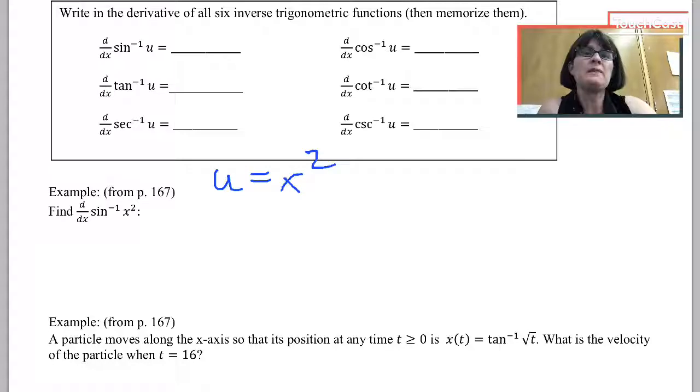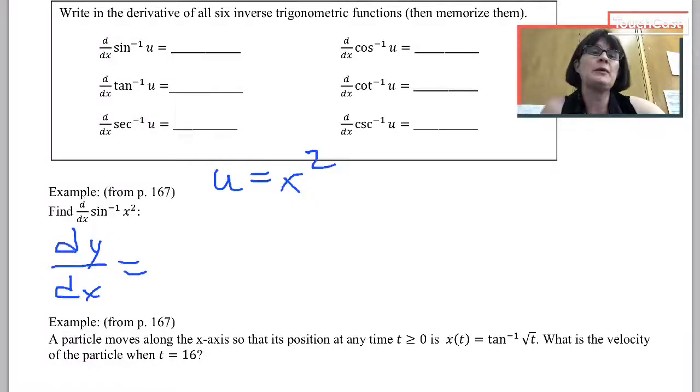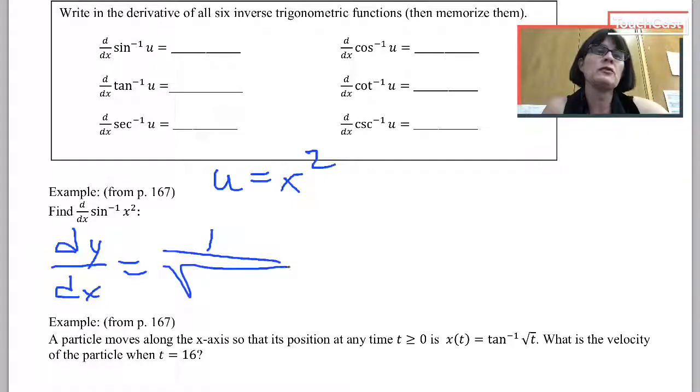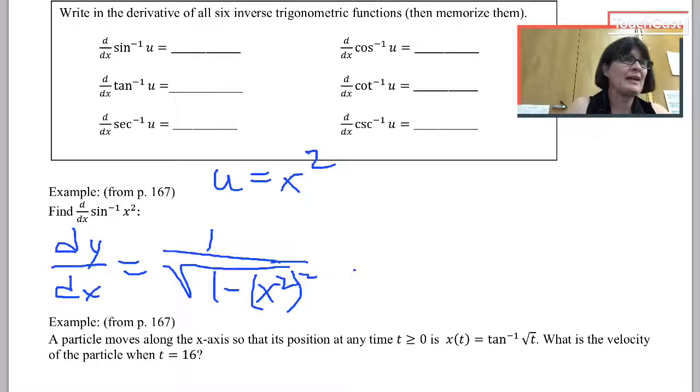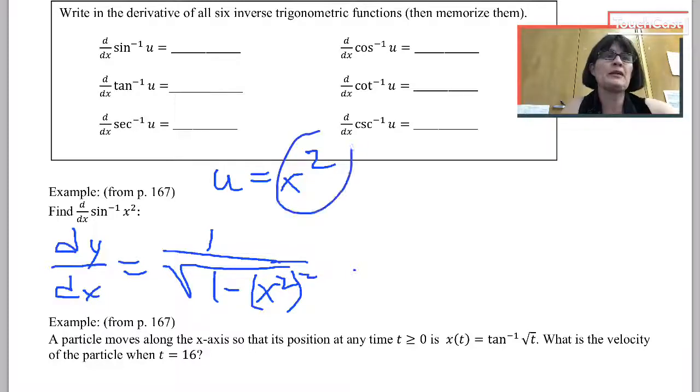That's going to be dy/dx equals 1 over the square root of 1 minus u, which is x squared, but u is supposed to get squared, times the derivative with respect to x of u, which in this case is 2x.